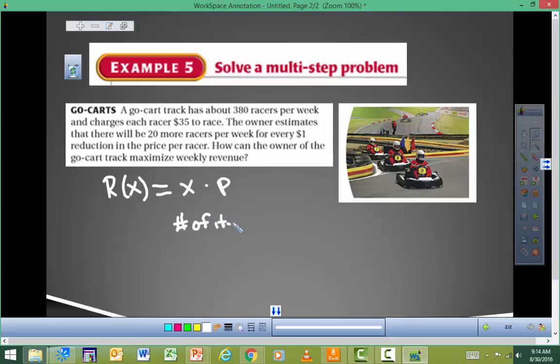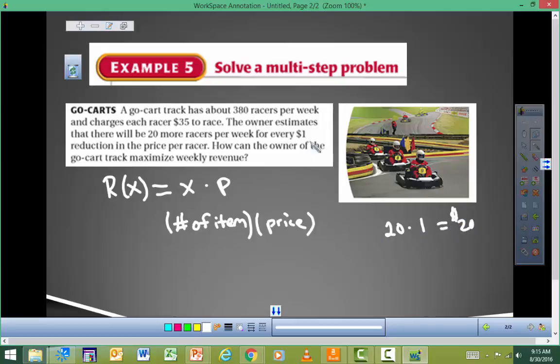Like in this case, if you had 20 candy bars, the number of items would be 20. And the price, of course, is what you're charging. And so if you charge $1 per candy bar, you'd have 20 times $1, and your revenue would be $20.